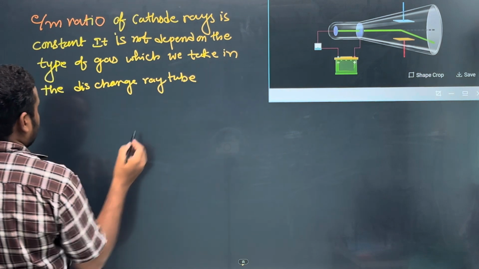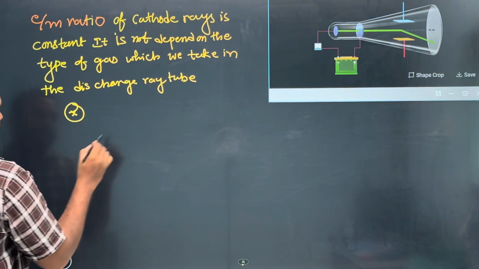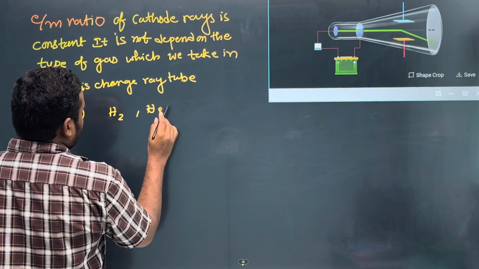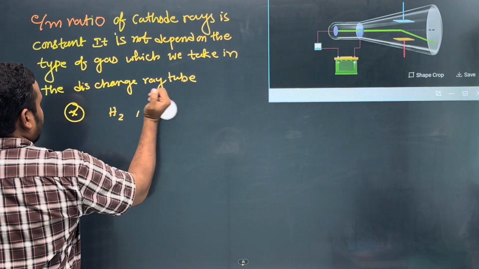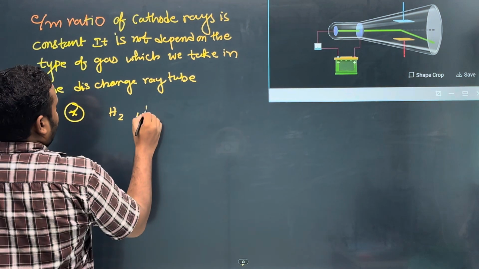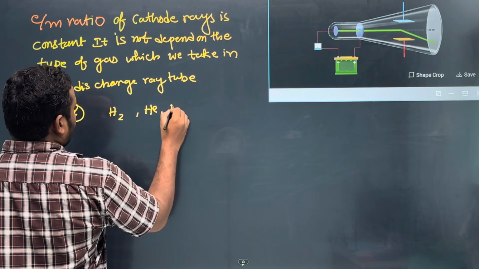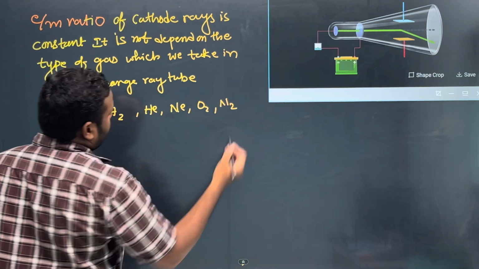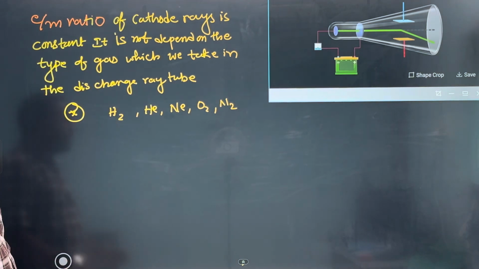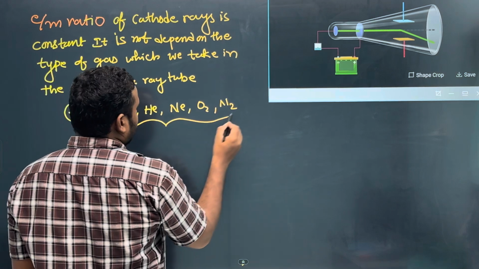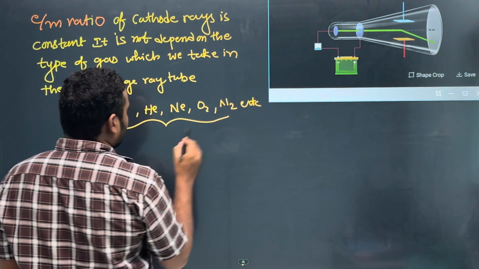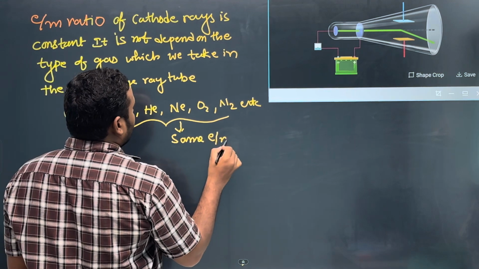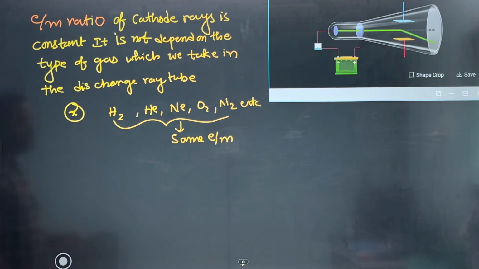Which means, children, in the discharge tube you can take hydrogen gas or helium gas, or you can take neon, oxygen or nitrogen. Whatever gas you take, all of these have the same e/m value, the same specific charge value.